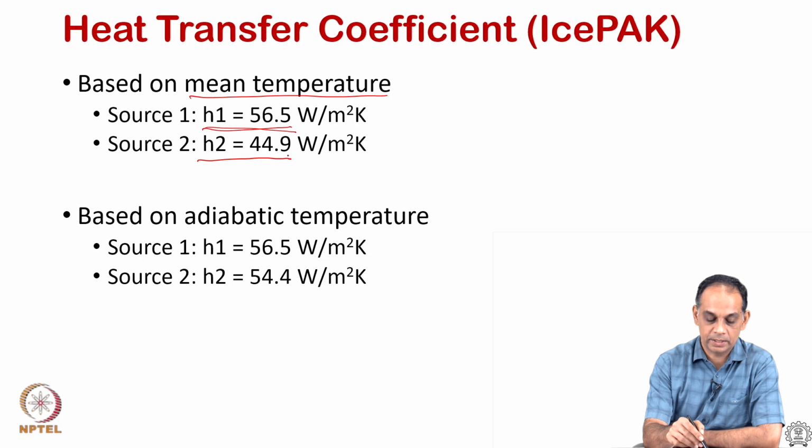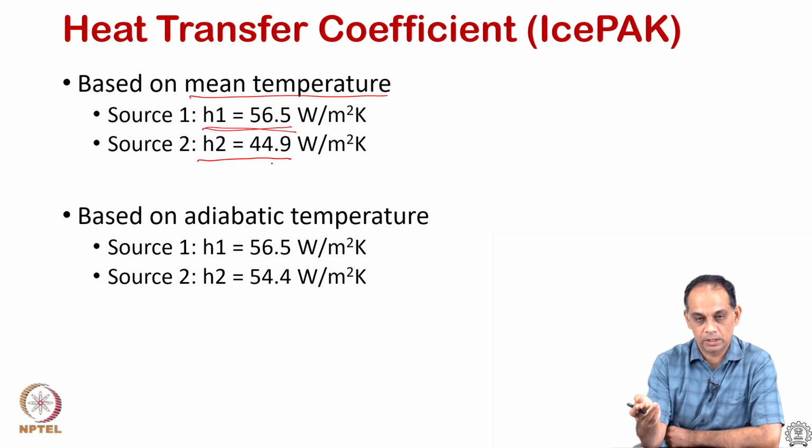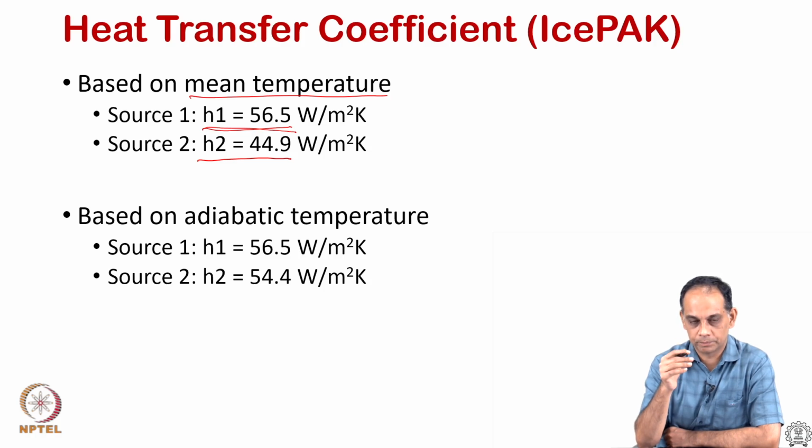This says that the heat transfer coefficient is changing from location to location based on what temperature it is seeing, which is not the nature that we expect from a heat transfer coefficient. We want the heat transfer coefficient to be the same anywhere. It should be an invariant descriptor, the same whether it is higher temperature or lower temperature, whatever it is.